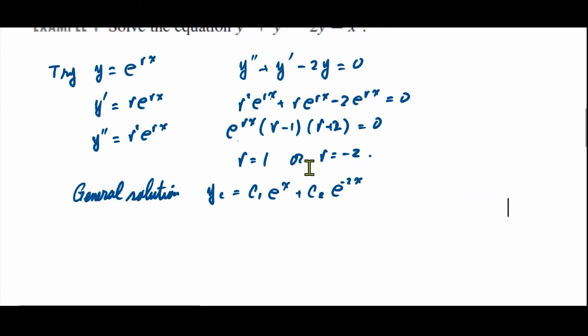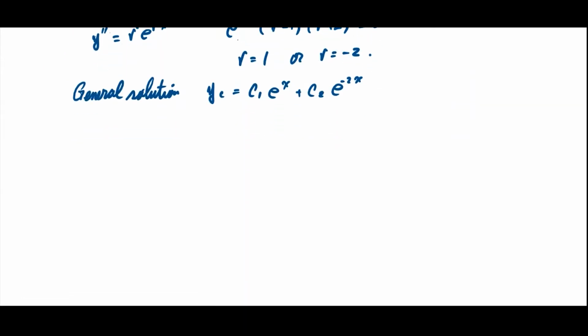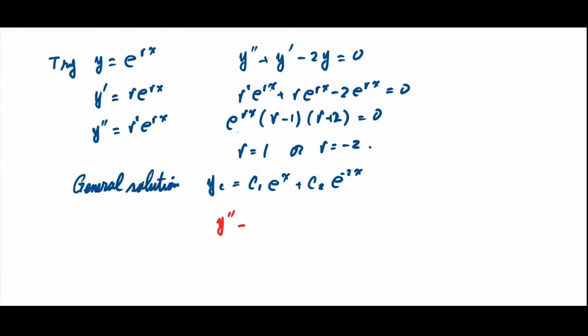And we have done a little bit of proof by example on why this linear combination works in here once you substitute. So far so good. Now, I'm going to solve whatever is given to us, y double prime plus y prime minus 2y is now equal to x squared.